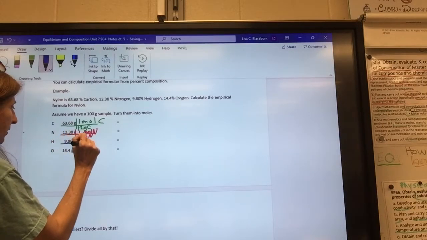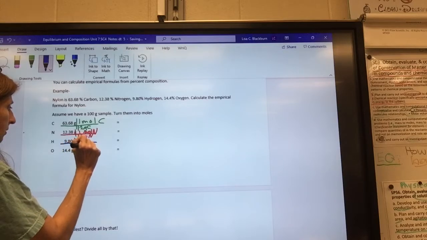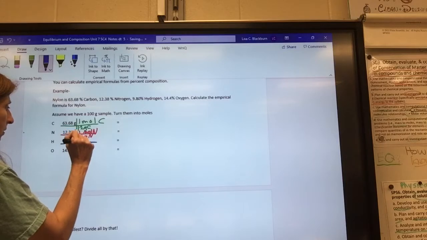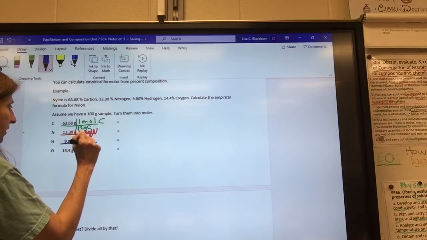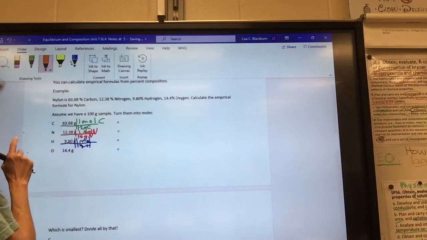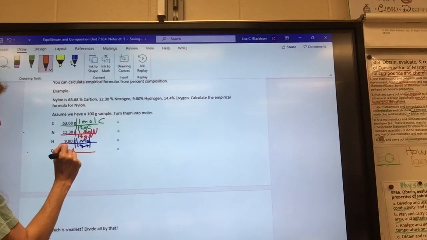All right, keep going with the hydrogen and the oxygen. I'm making mine different colors so it's easy, because it's a little tight.